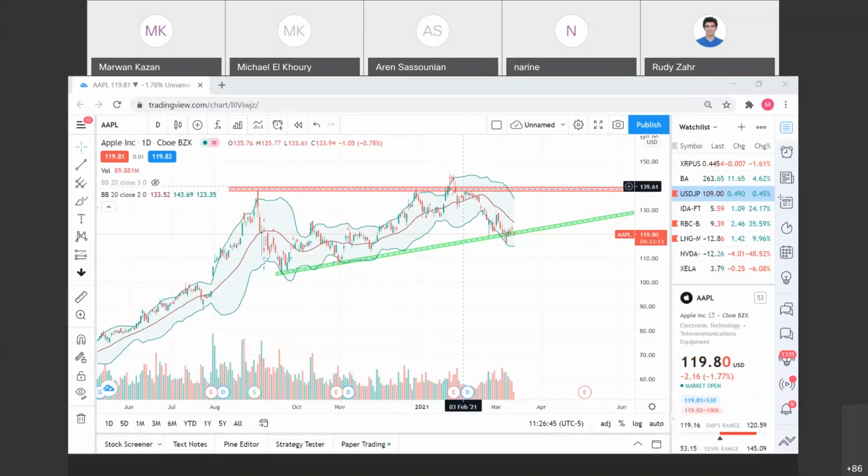It broke and then retested, and it's still resistance. Now this resistance is very strong. It hits one, two, four times. Now the resistance is strong. Where we are here, it broke a lot.